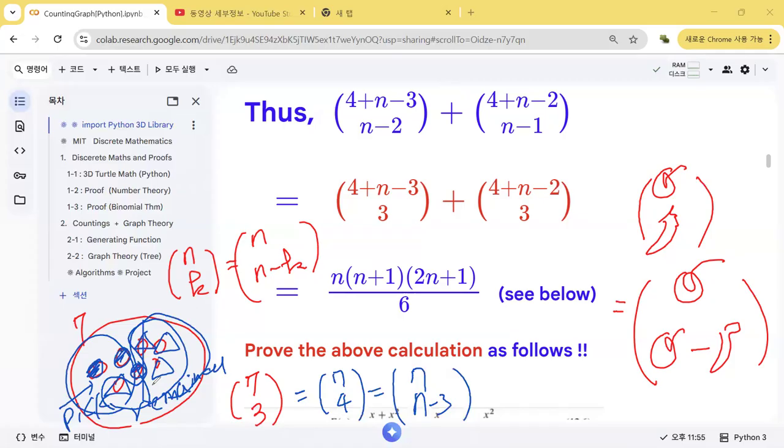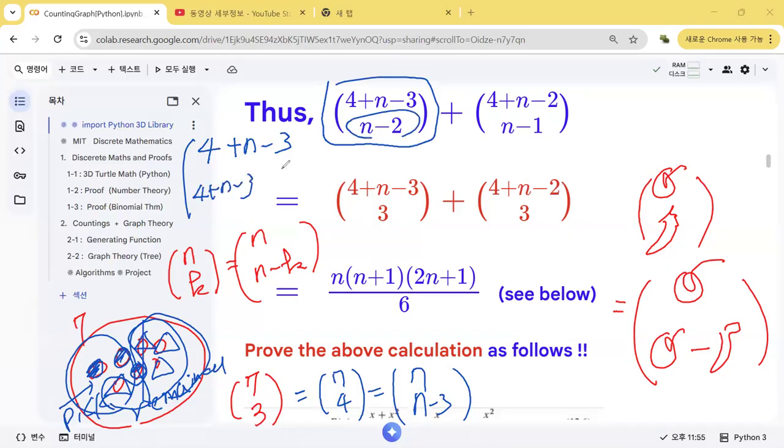Okay. So from this one, what is it equal to? 4 plus n minus 3, this is 4 plus n minus 3 choose n minus 2. And for this one, 4 plus n minus 3 choose n plus 2.